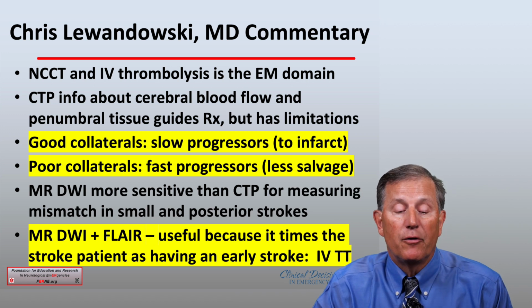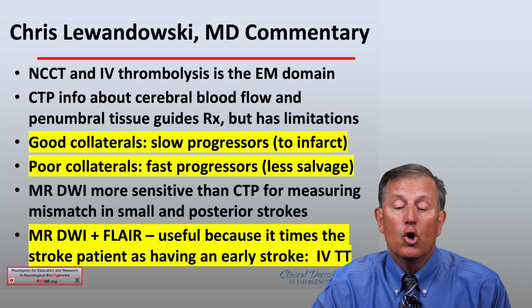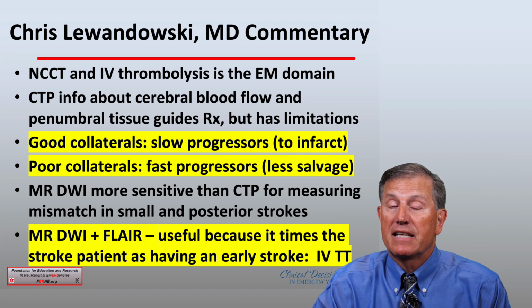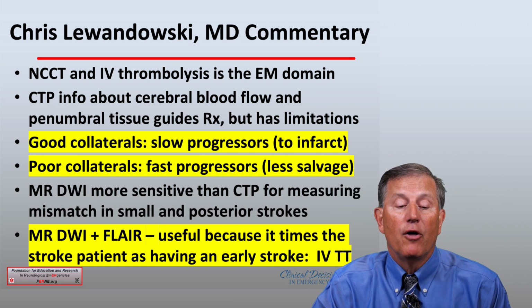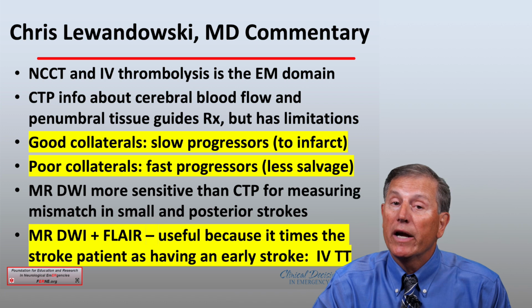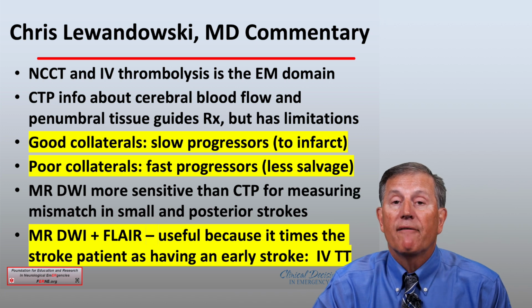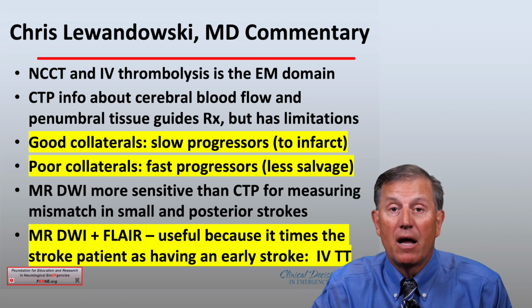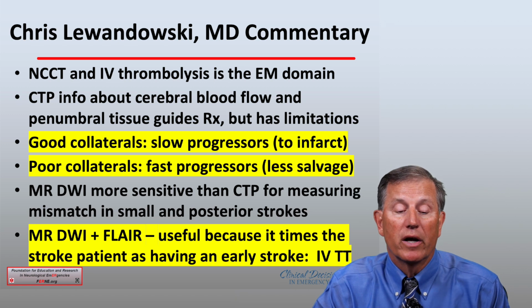He identified that there are patients with good collaterals who slowly progress from ischemic penumbra to infarct, and those who have poor collaterals who quickly progress and have less salvage because the ischemic penumbra becomes infarcted tissue quickly.